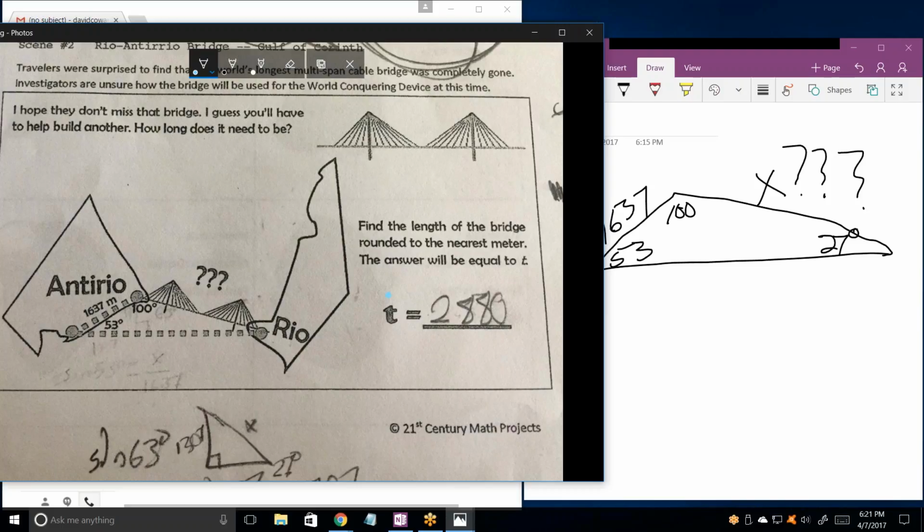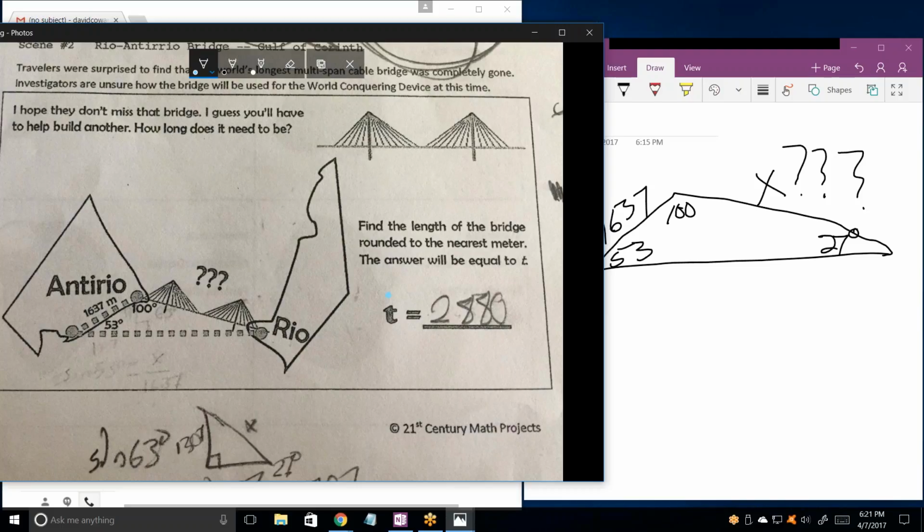Here's the secret to avoiding rounding errors. Never round off until the end. As long as you do that, you will never have a round off error. Just do not round off until the end. Or if you have to, in order to figure it out, round off to 6 decimal places or something. In other words, round off to a lot more decimal places than you need your answer in.